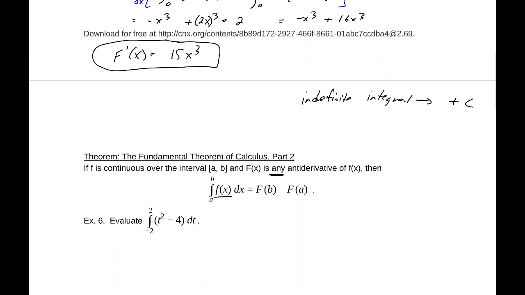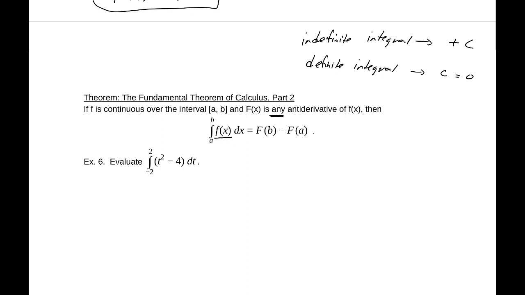If we have a definite integral, we make the conscious choice that c equals 0.